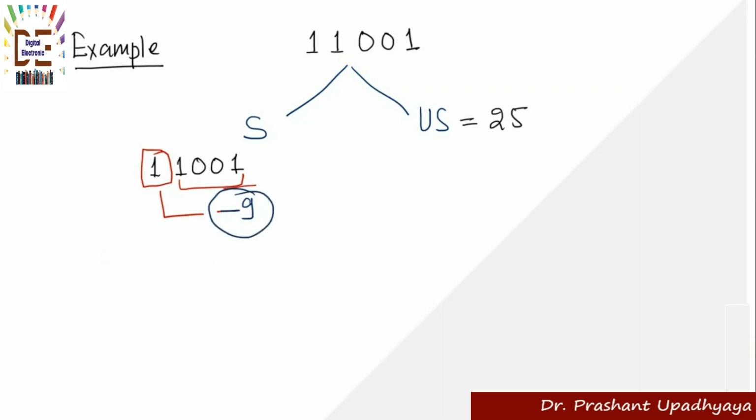So when the number 11001 is given to you, the same number represents 25 and also represents minus 9. The thing that comes into the picture is that until it is defined that it is a signed bit, it will by default always be considered an unsigned bit.